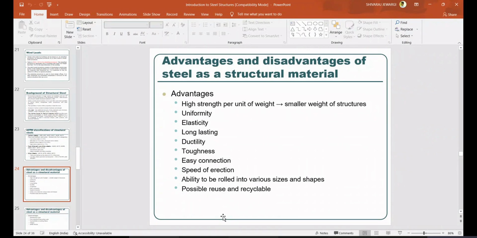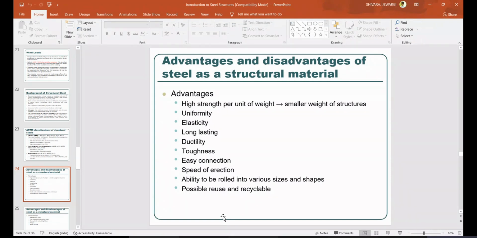After 10 years or 20 years, if you want to increase the floors of construction, you need to strengthen the elements, the column as well as the beam. What you have to do is join another member adjacent to the column, similarly to the beam, right? That is possible only in steel structures.